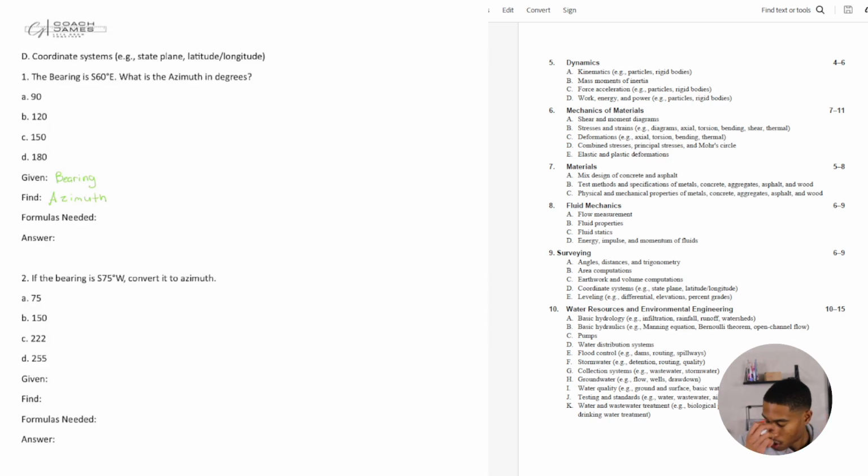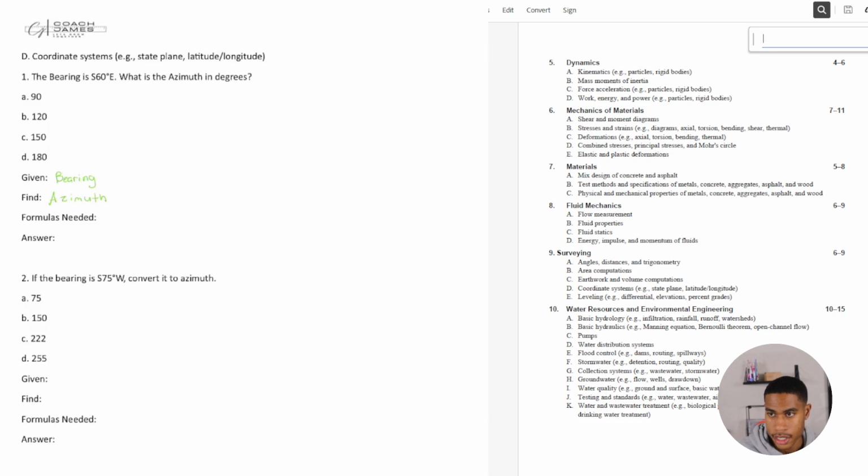So for azimuths and bearings, most people forget these. I have forgotten these multiple times. But the crazy thing is they do not have anything in the handbook.